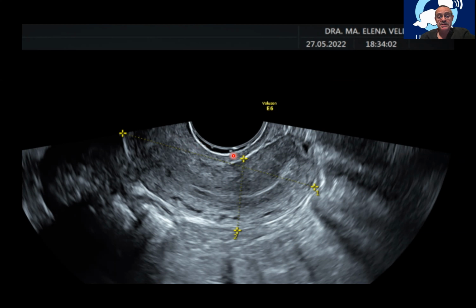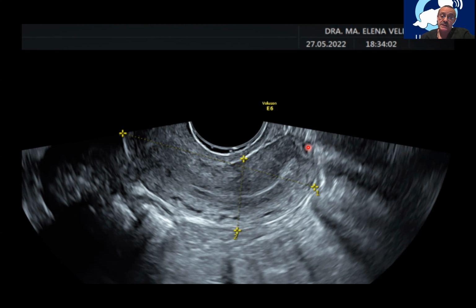The tip of the transducer on the vaginal wall close to the anterior wall of the uterus on the axis of the endometrium, which is this line, and away the posterior wall of the uterus.